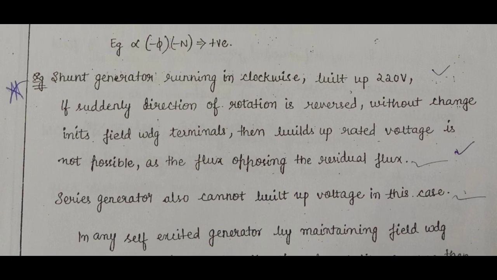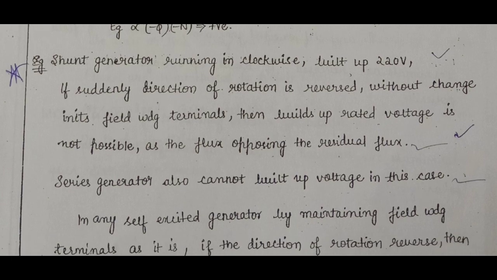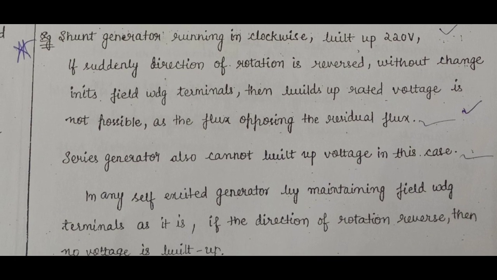A shunt generator running clockwise builds up 220 volts.